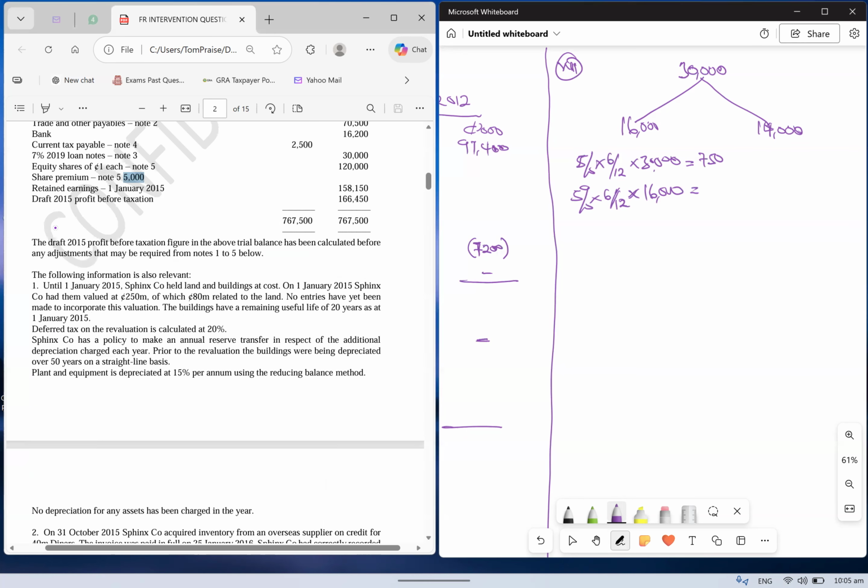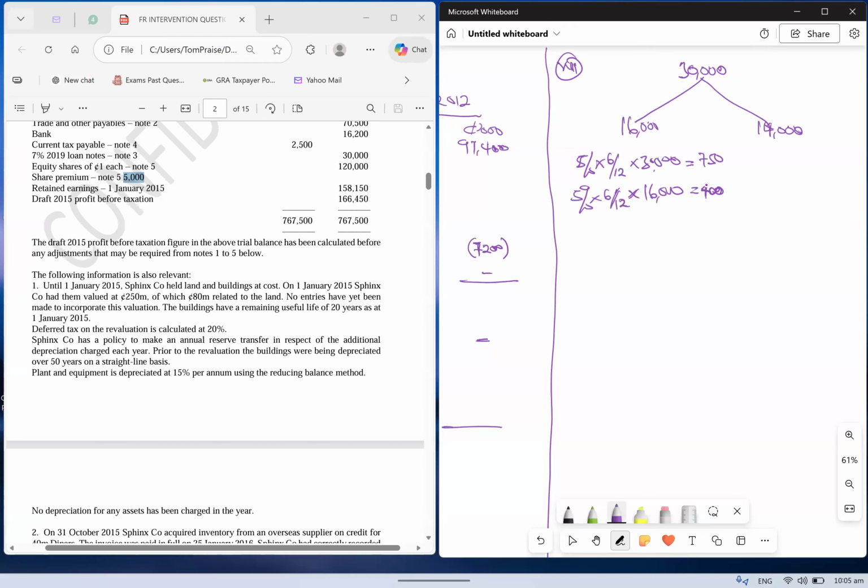The correct one should be 400. So if the correct one should be 400, then it means they overdid the loan by 350. So that is the interest. They overcalculated the interest by that 350.